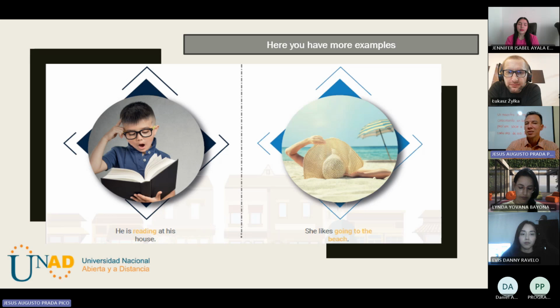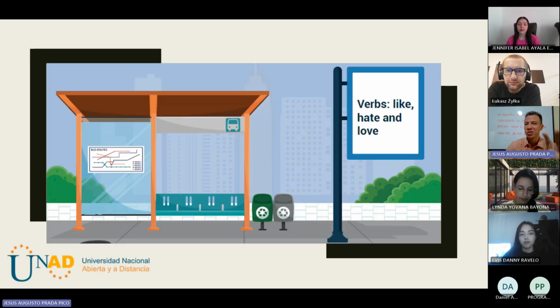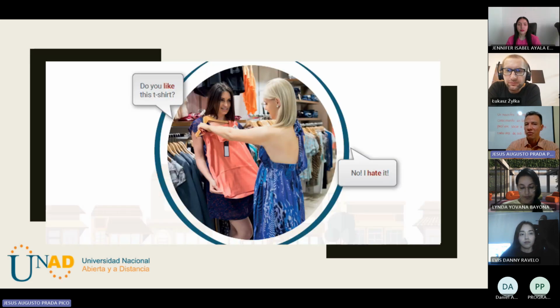He is reading, but in this case it's present progressive. So you say he's reading at his house, right? Or here the present simple. She likes, because it's third person singular, the conjugation of the verb like is likes. She likes going to the beach, right? Okay, so here, just to finish, verbs like, hate, and love.